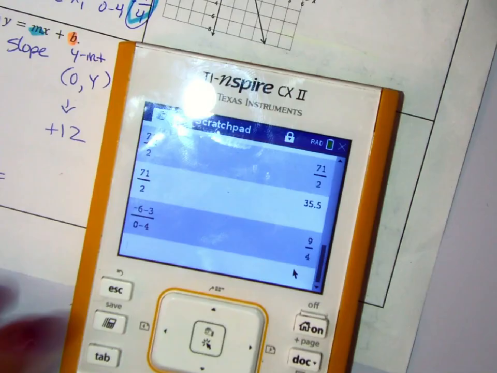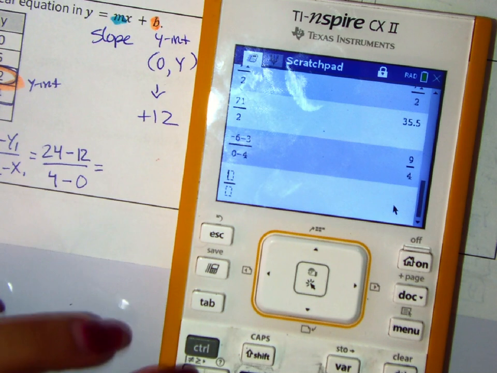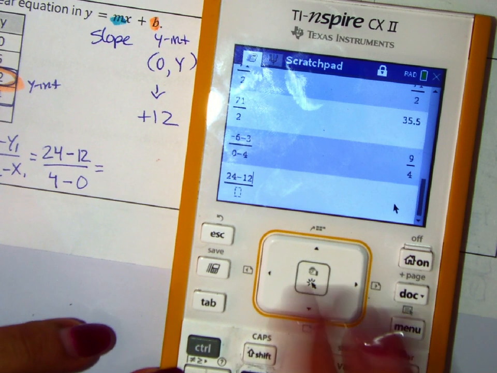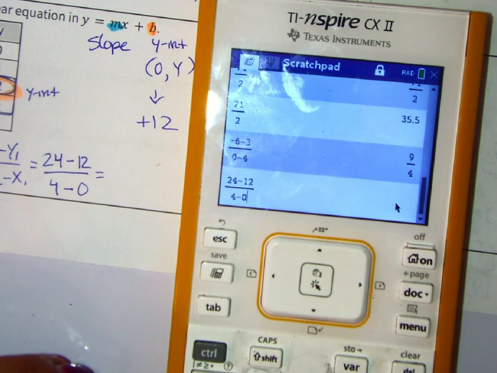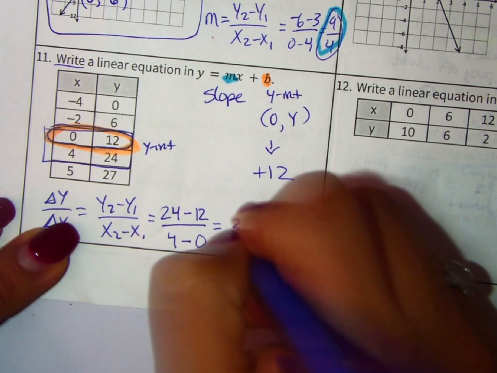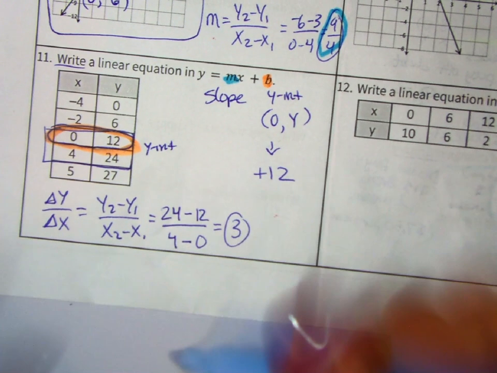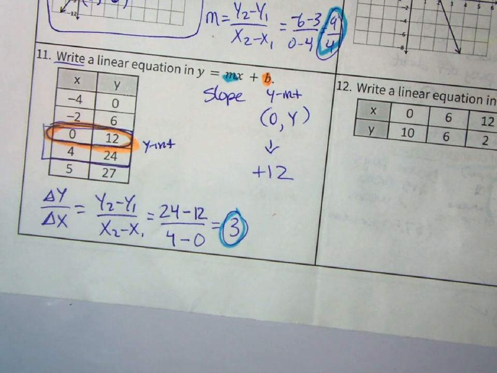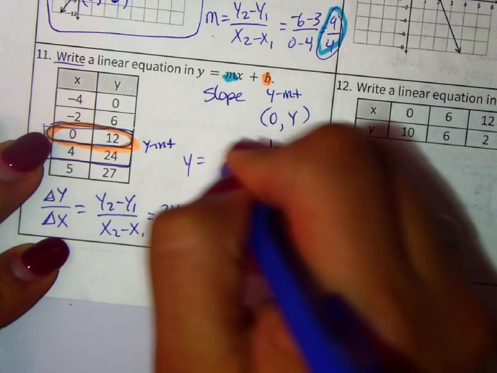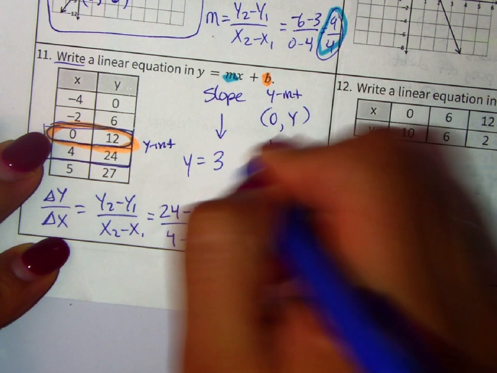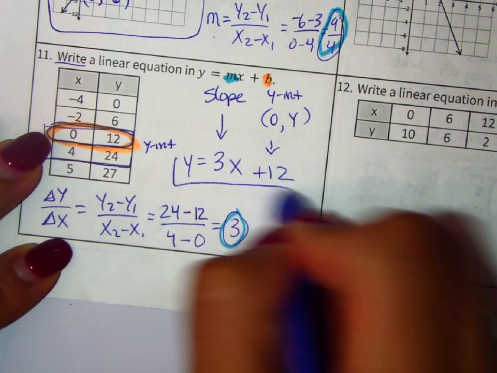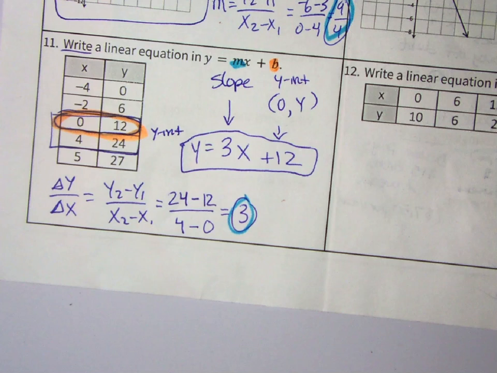We type that in the calculator. 24 minus 12 over 4 minus 0, and the answer is 3. So right here, the slope is 3, which means that all we have to do now is write the equation y equals, for the slope we put in 3x plus 12. This is the equation. All right, I hope this video helps you review for the test today.